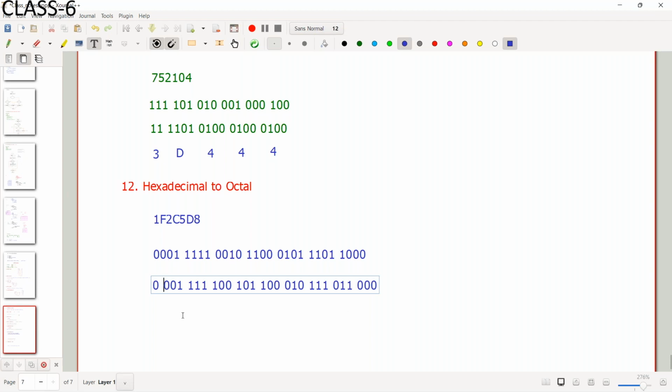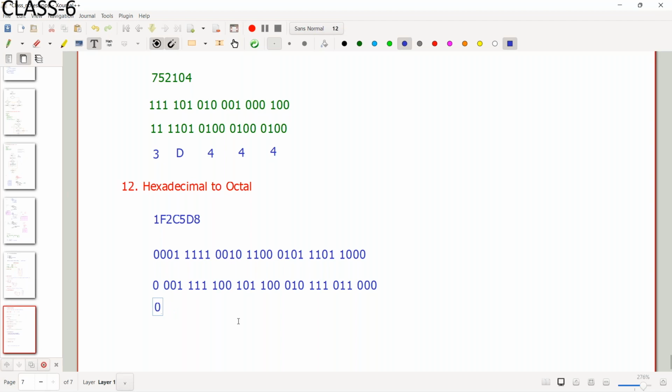Okay, so what we get here as the output answer is 0, 1, 7.